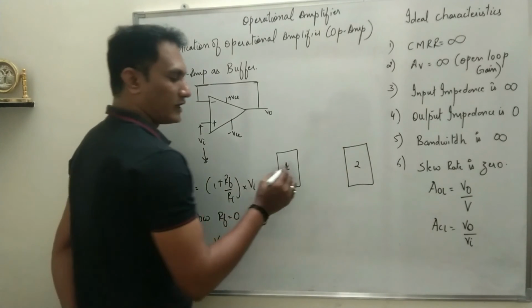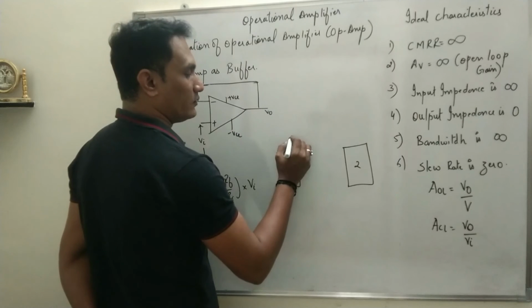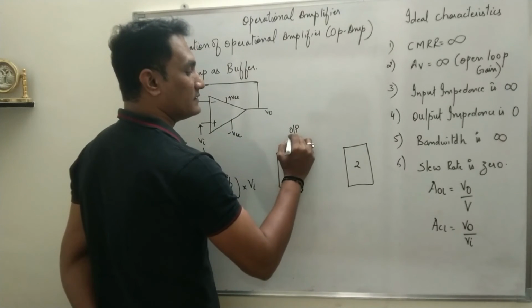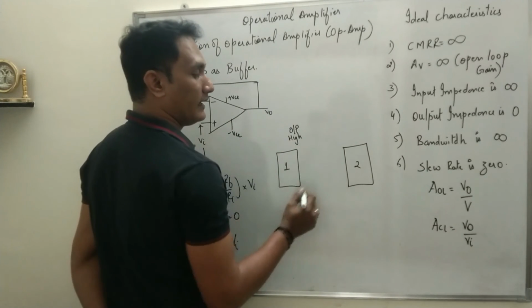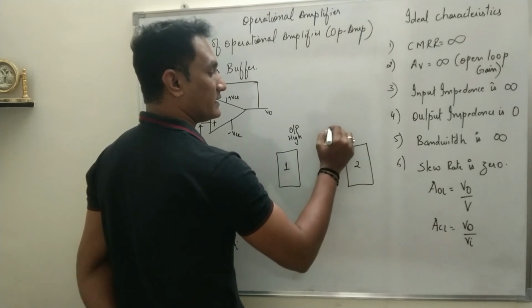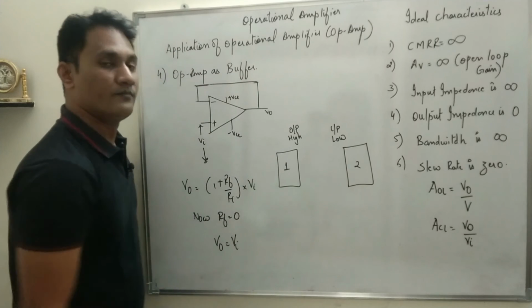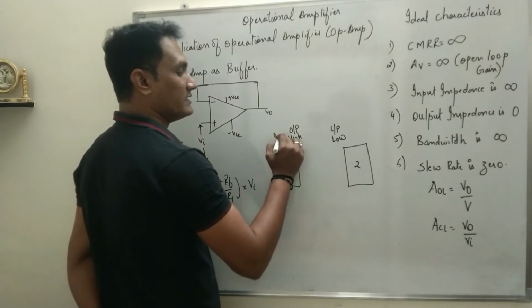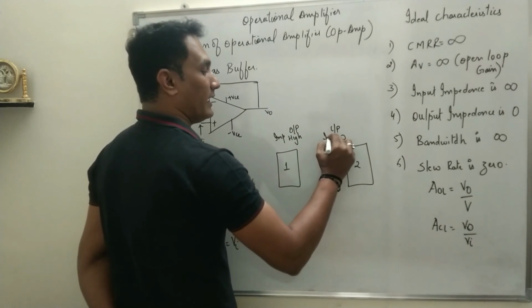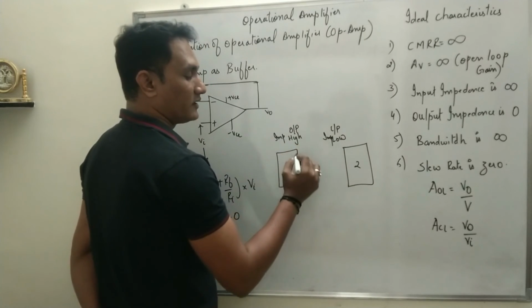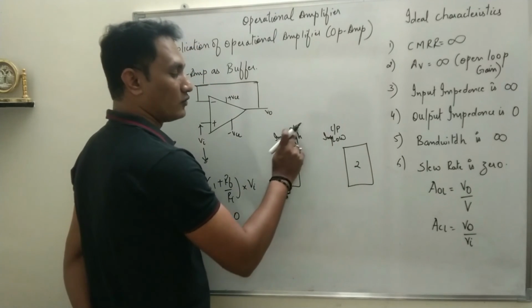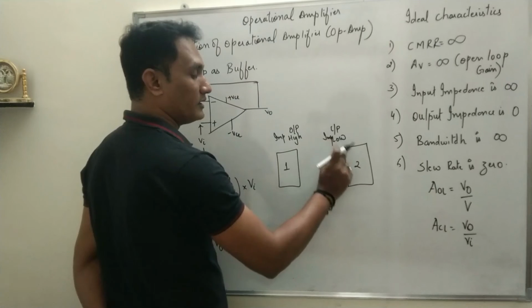But in some cases, for example circuit 1, its output impedance is high, and for the second circuit the input impedance is low. We are talking about the resistance offered by the output side of the first and the input side of the second.